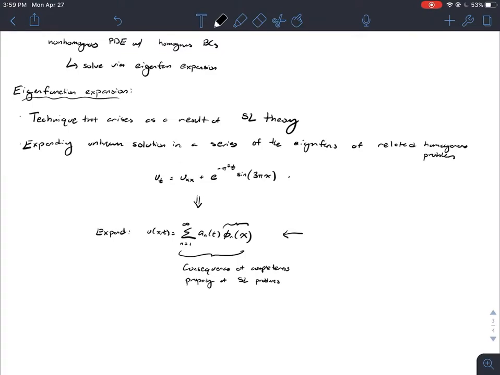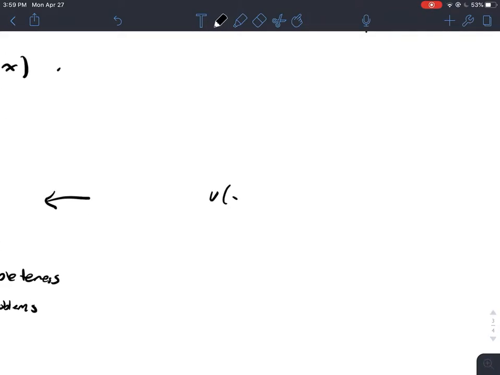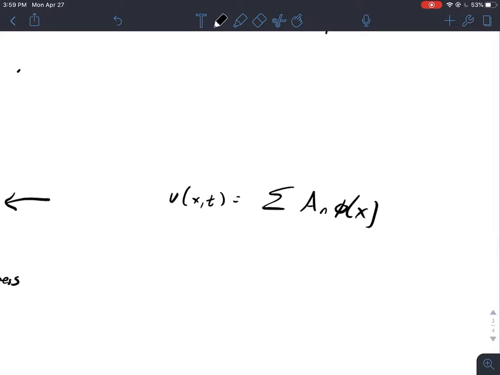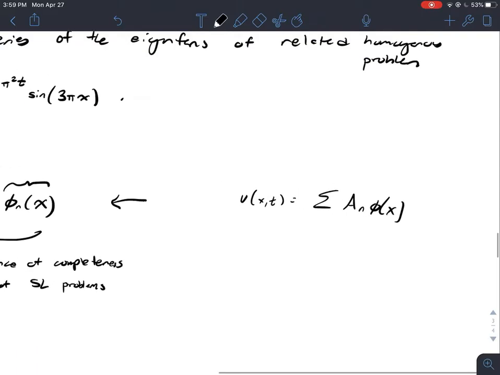In original problems that we've seen before, so I'm going to go on a quick tangent and I'll erase this after, u(x,t) is equal to the sum of a sub n times phi of x. Notice that a sub n here is a constant. The reason it's a constant is because we're able to write the initial condition in terms of phi of x, like for example sine of x, cosine of x, or J sub m of r, or whatever.